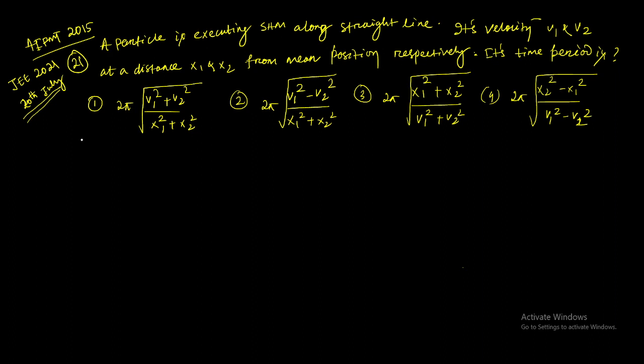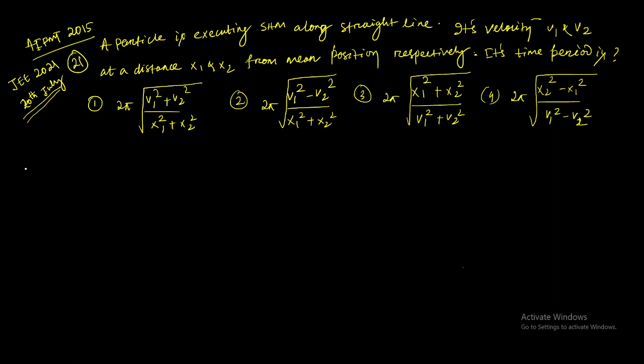A particle is executing SHM along a straight line. Its velocities v1 and v2 are at distances x1 and x2 from the mean position respectively. Its time period is? If you see here, there is no amplitude given, right?